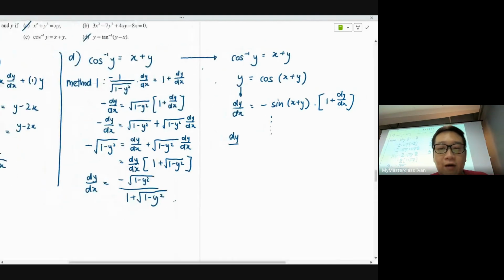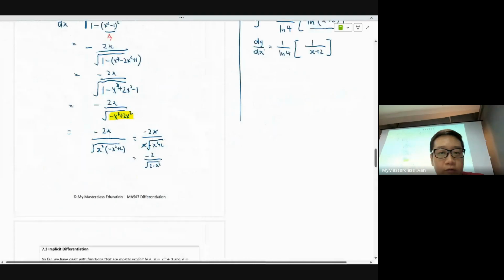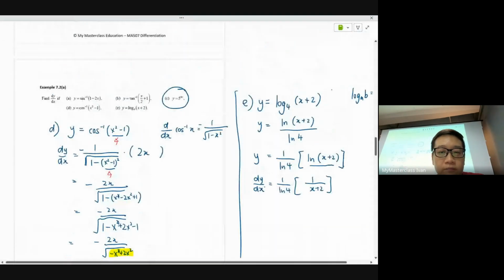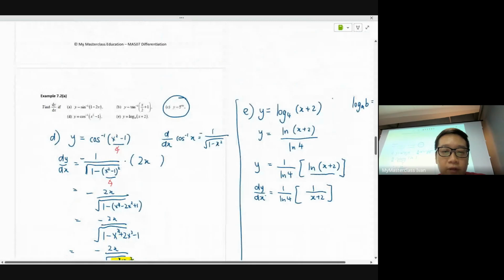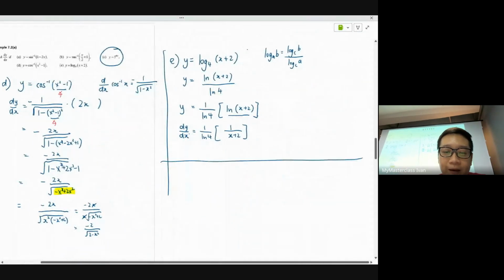Now, which brings back to me the point of go back 2 pages ago to here. This part on y equals to 5 to the power of 4x. This one I want you all to write down.